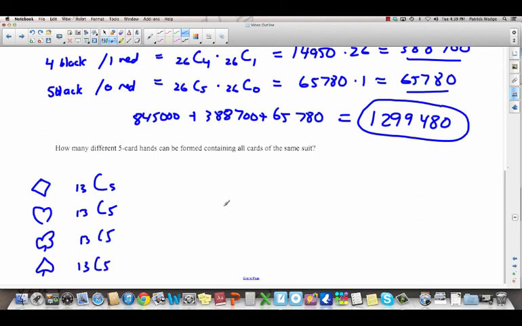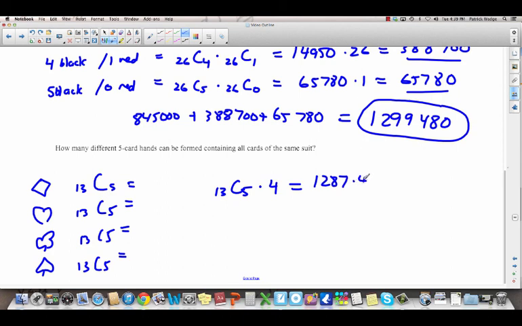So in other words, what you need to do is do 13 choose 5 to see how many 5-card hands there are with just one suit the same, and then you need to multiply it by 4 because there's 4 different possibilities. Or the other way you could do it is you could get this answer, this answer, this answer, this answer, add them all up, but they'll all be the same, so it's the same as multiplying by 4. Okay, 13 choose 5 is 1,287.